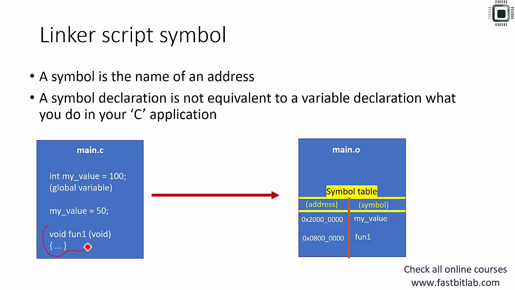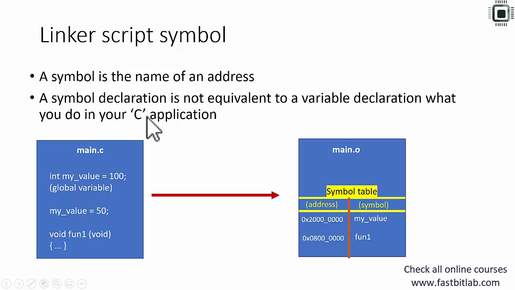Basically, the function definition belongs to the text section. It is stored in the code memory. This is also maintained in the symbol table. Here, fun1 is a symbol name, and this is the associated address of that function in the code memory. Like that, every object file maintains the symbols and their associated addresses.